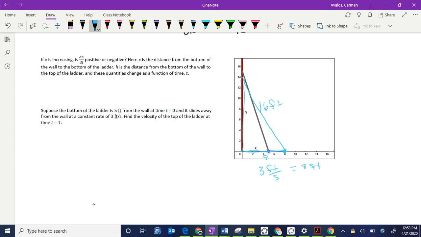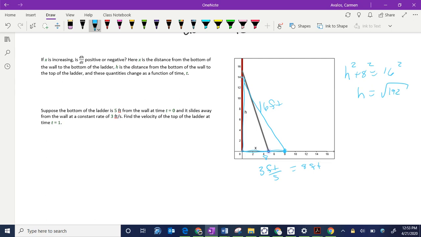And then we need to know how high that is. So we need to know what h is there. In order to solve that, we know that h squared plus 8 squared is going to be 16 squared. And so when you solve it, we're going to get h is the square root of 192.